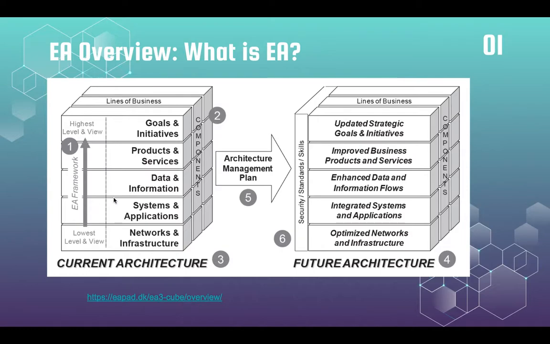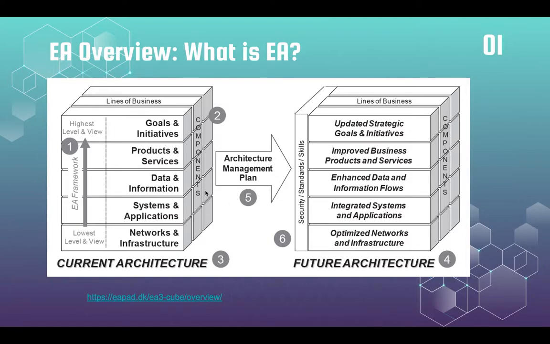You can see here that there are multiple layers in terms of the enterprise architecture itself, and that those are going to be revised. They don't all have to be revised, I guess, as we move from a current to a future architecture.